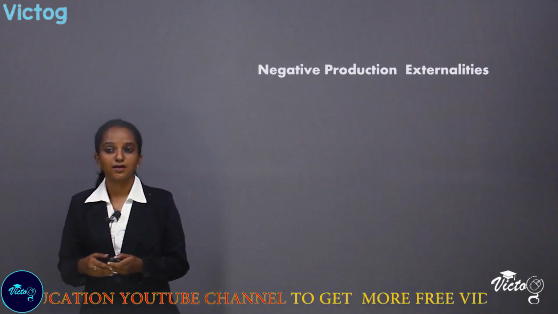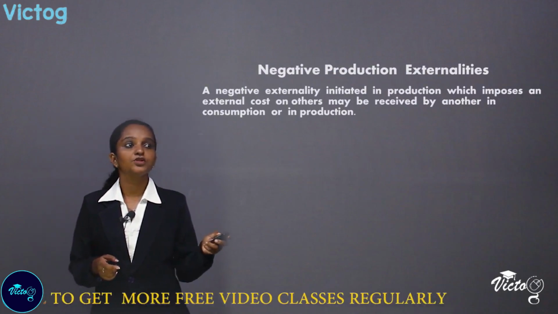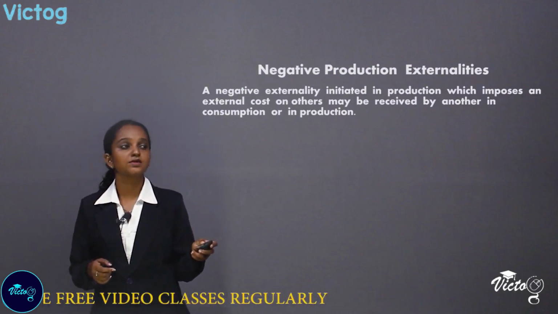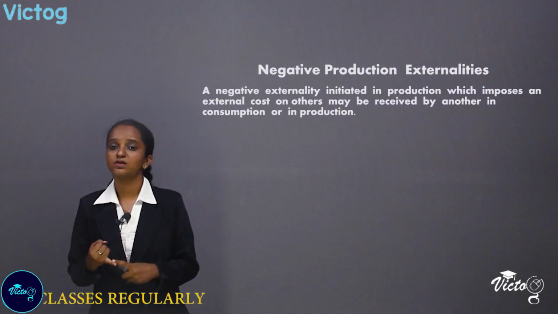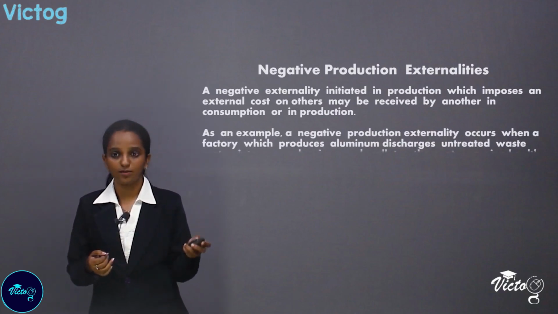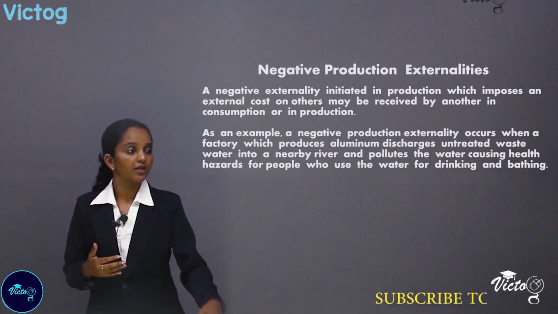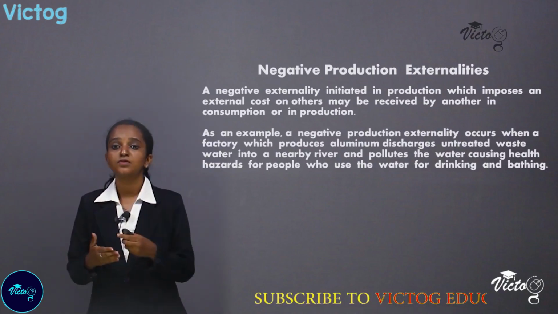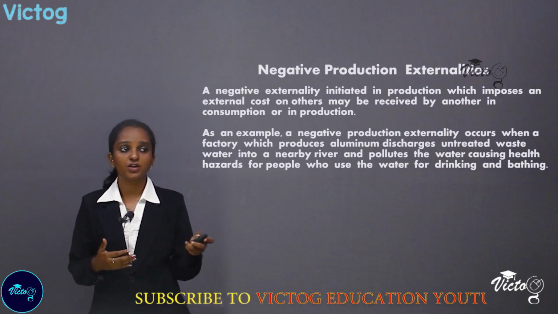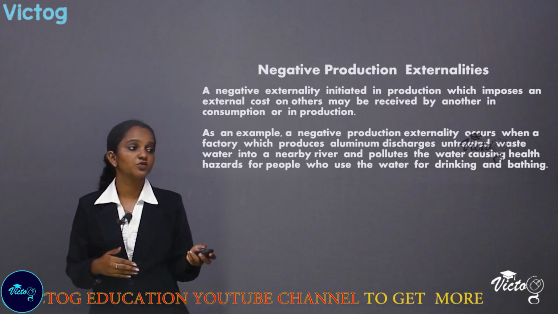Negative production externality. A negative externality is initiated in production which imposes an external cost on others, and may be received by another in consumption or in production. For example, take the case of a firm producing aluminium. The firm discharges untreated waste into nearby water.